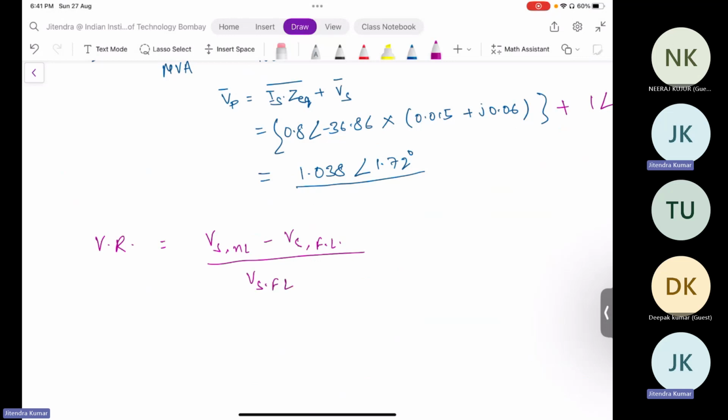And V secondary at no load will be equal to V primary. Am I correct? And here we do not need to take care of angles, so you can just consider magnitudes. Now it is crystal clear, I guess. You can easily compute the value.